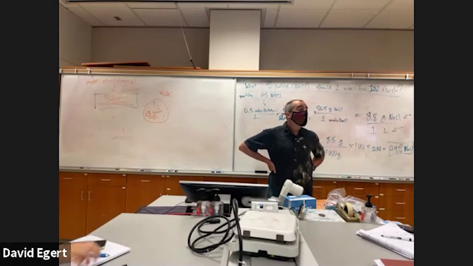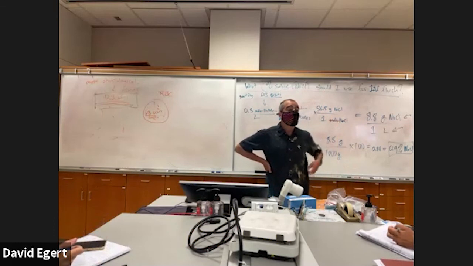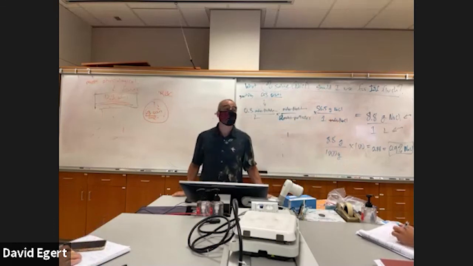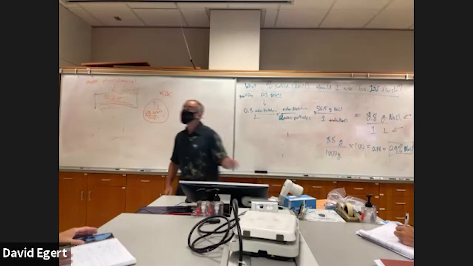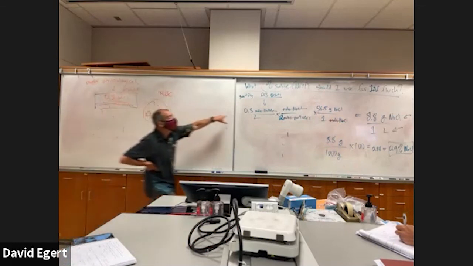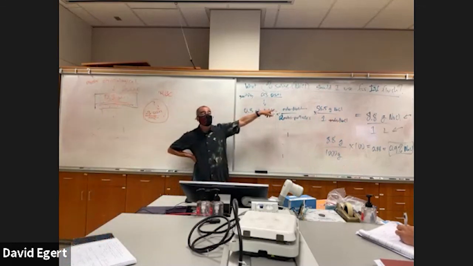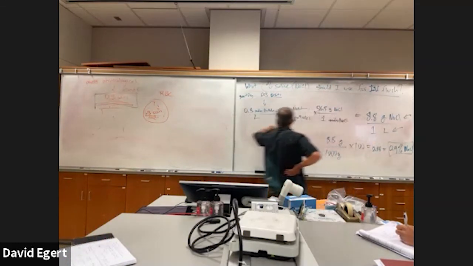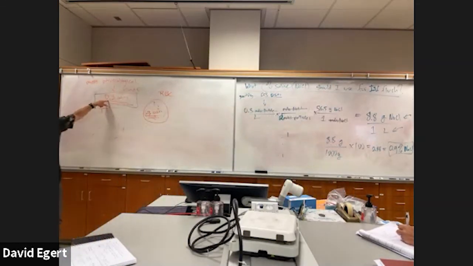I'm going through this because I want you to see it's not just random saline in there that they're injecting into your veins. Somebody has spent the time doing the math, figuring out what percent saline is going to be 0.3 osmolar, because that is what is going to keep your blood cells happy and keep them from inflating or shriveling up.